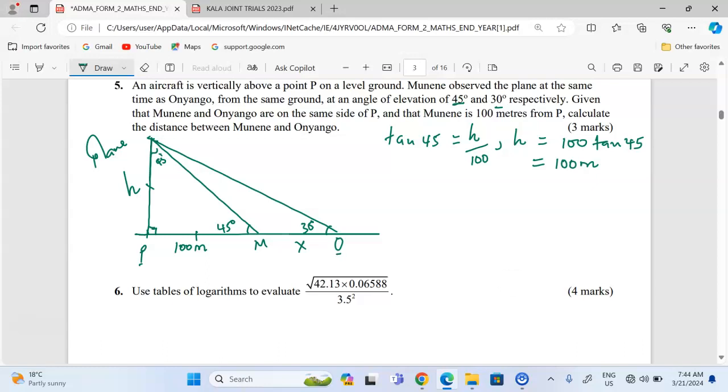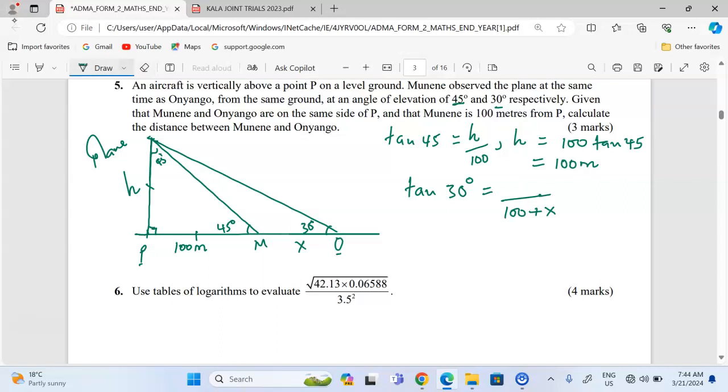So we can say again the tan of 30 degrees is equal to the same opposite h out of the distance now, which is not known, and the distance is 100 plus x.